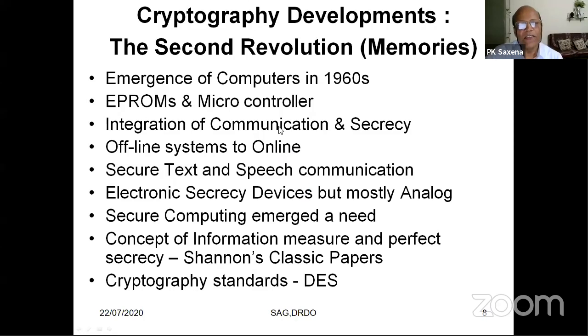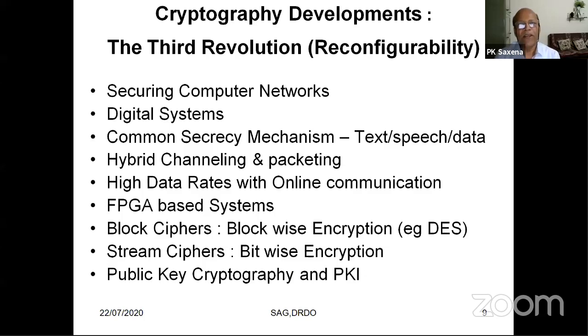All these concepts which were existing separately, a separate method for encrypting text files and a separate technology for encrypting speech, have now all been combined in a uniform communication mechanism. So these developments happened.